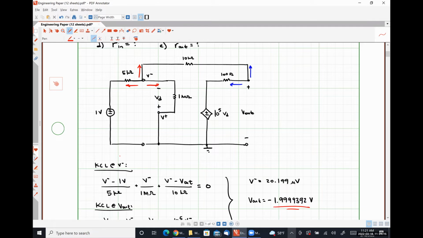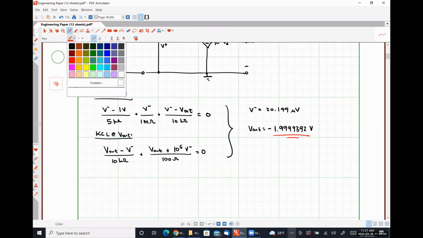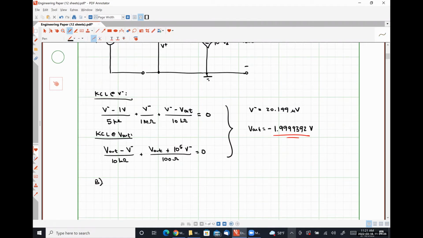Okay, so now let's talk about our closed loop voltage gain. Our closed loop voltage gain, AVCL, is simply the ratio of our closed loop output voltage V out divided by the input voltage that we have applied, which is why I chose a 1 volt source as my input.